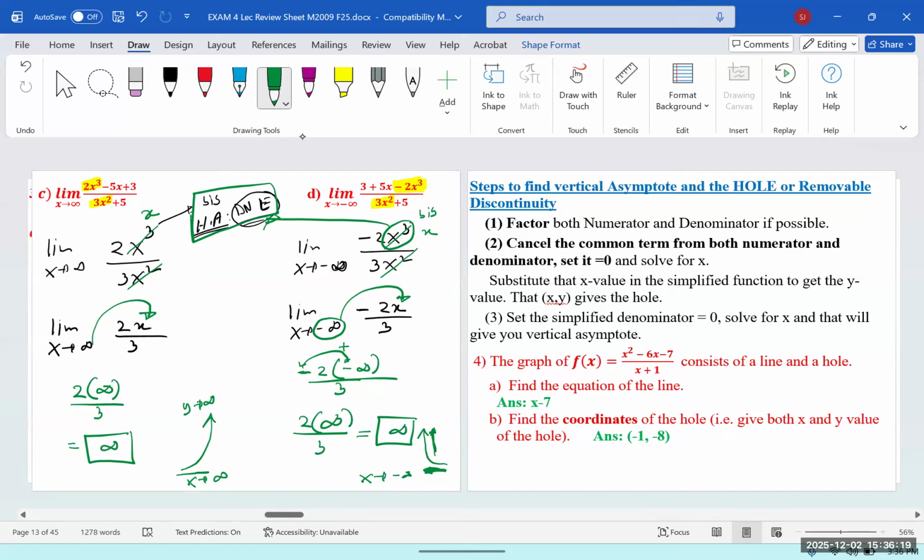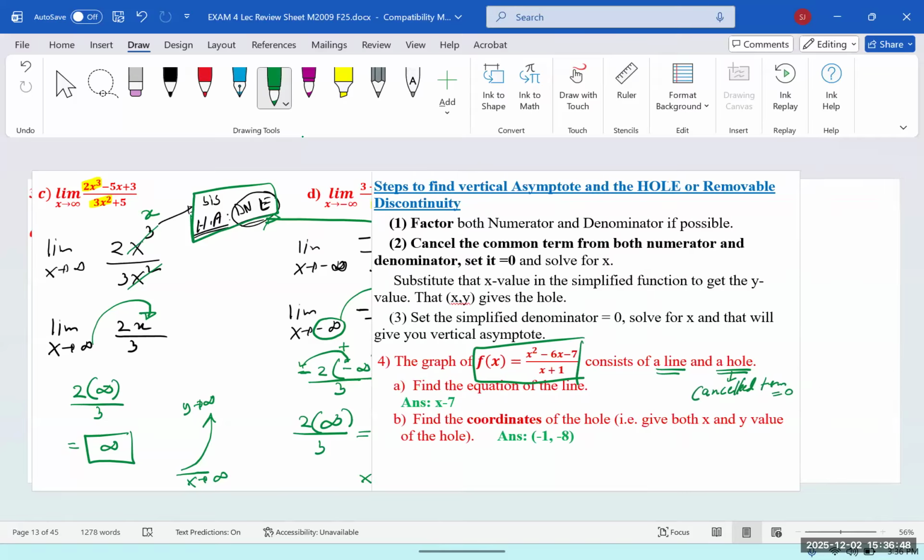Okay, so for example here, it says this function has a line and a hole. What is that line and where is that hole? So hole, remember, hole means the cancelled term equals 0 and you're solving for x.